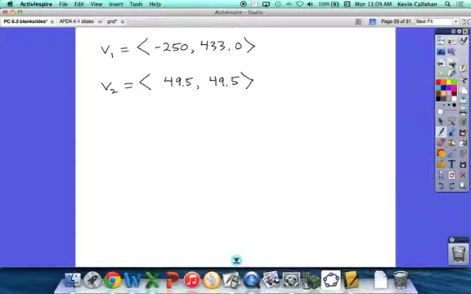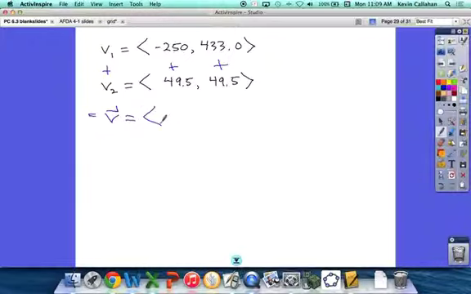Now, what are we trying to do now? We're trying to add those vectors. So how do we add them? We add the components. Right? So the resultant vector equals, just add it up, negative 250 plus 49.5.